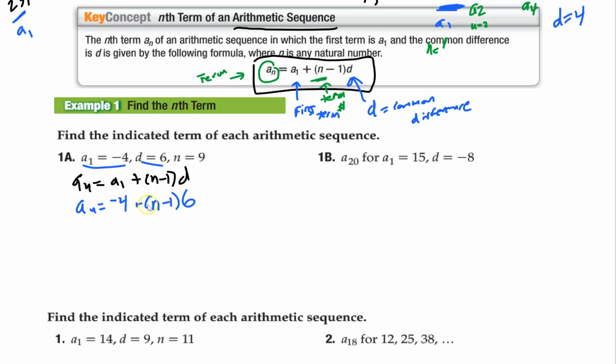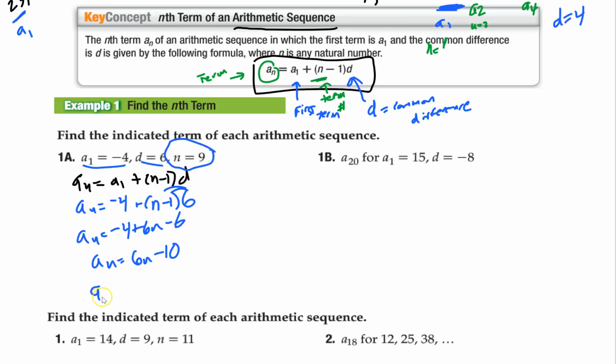So that's a basic formula. I can do a little math to make this prettier. Negative 4 plus 6n minus 6. So AN equals negative 4 minus 6, which is 6n minus 10. That's a general formula. If I want the 9th term here, I just plug in 9.